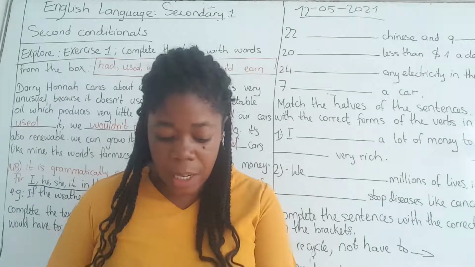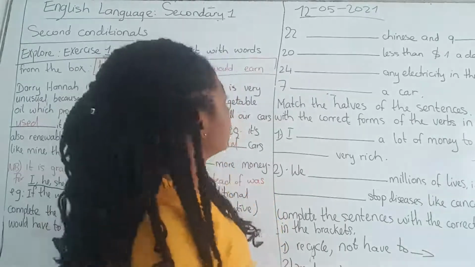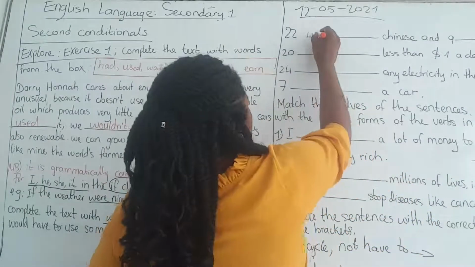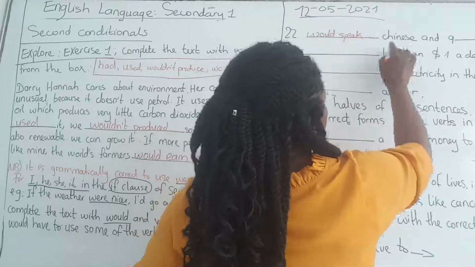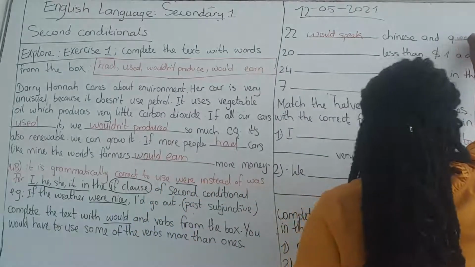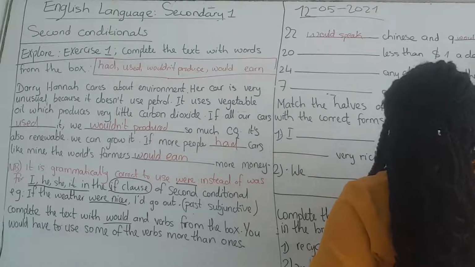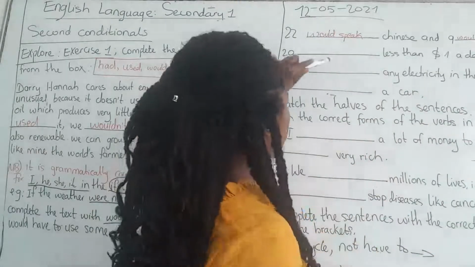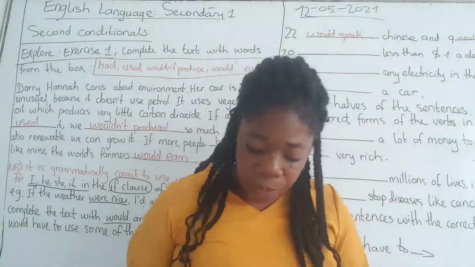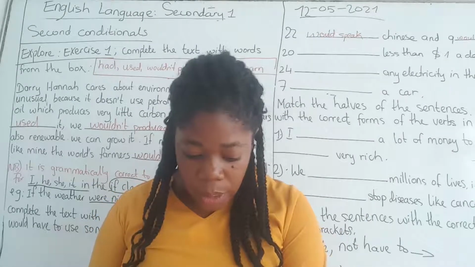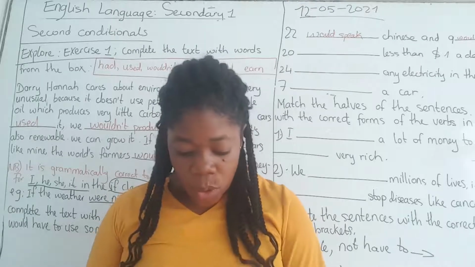22 would speak English, 22 would speak Chinese, and 9 would speak English. 20 would earn less than $1 a day.